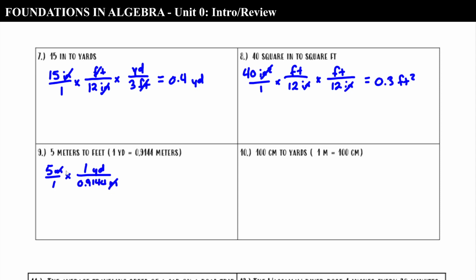Our meters cancel, but we need to get from yards to feet. Well, we know that there are 3 feet in a yard, and our yards cancel. So when you multiply the tops, multiply the bottoms, then divide, you do the division last, and you're going to get 16.4 feet.